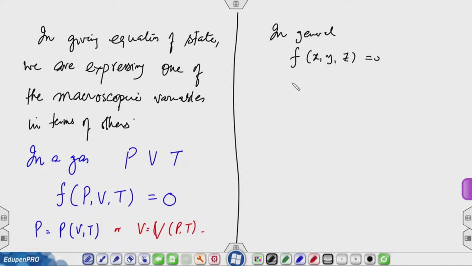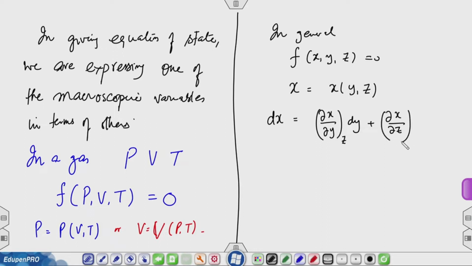So, suppose I were to write x as a function of y and z, then I'll have the full derivative dx as partial x partial y at constant z, dy, plus partial x partial z at constant y, dz.